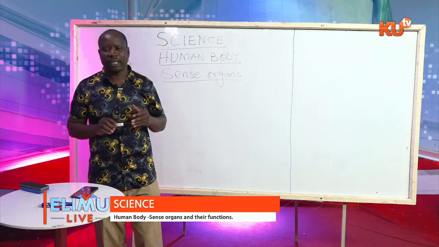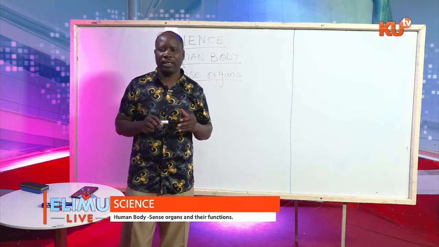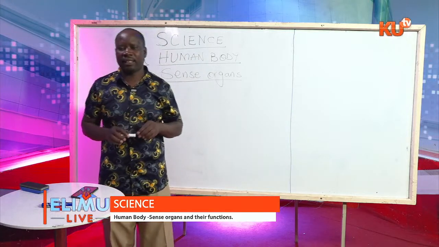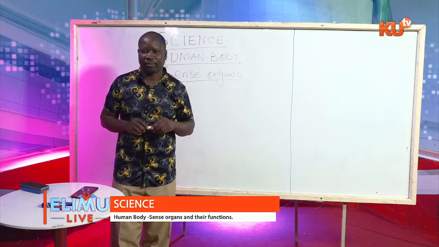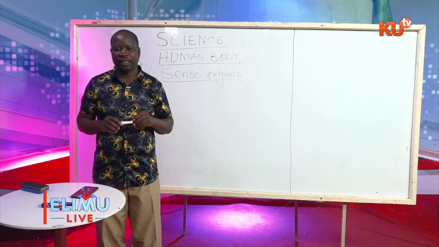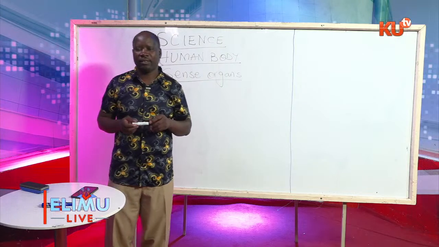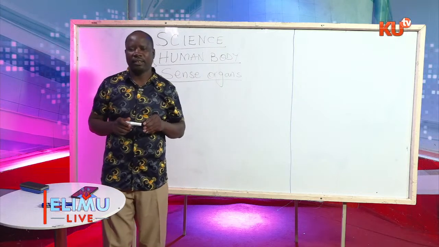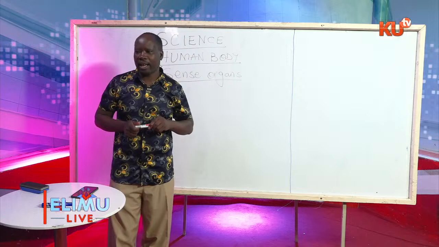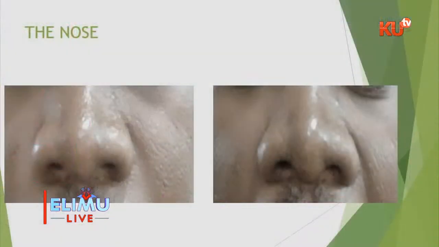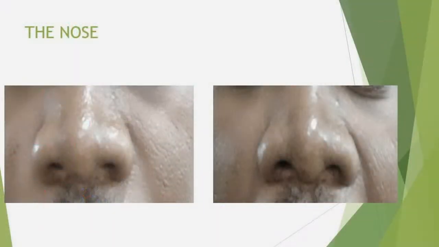So the first one was the eye, the second one is the ear. Now let's move to the third one and see which is this third sense organ. The first one was the eye, followed by the ear. Then we have the third one.